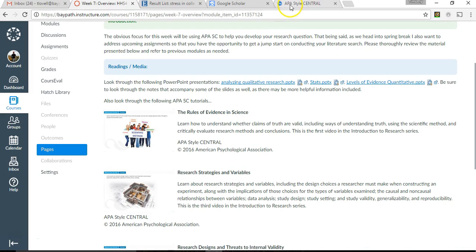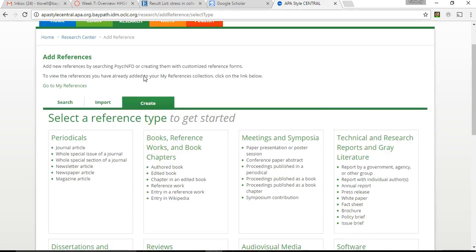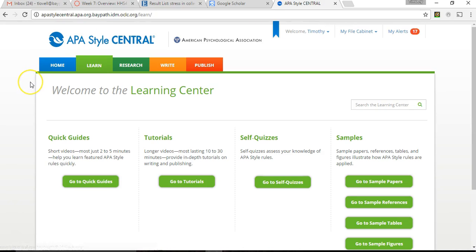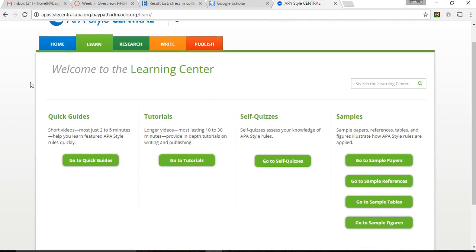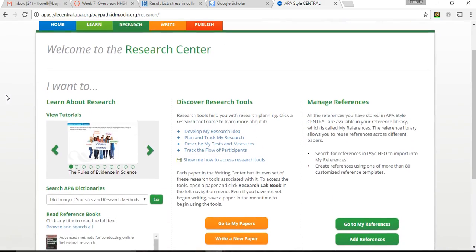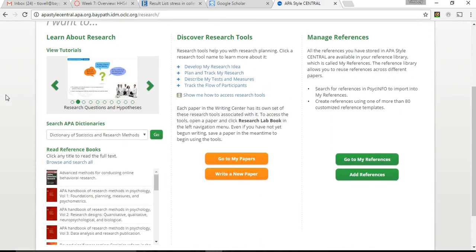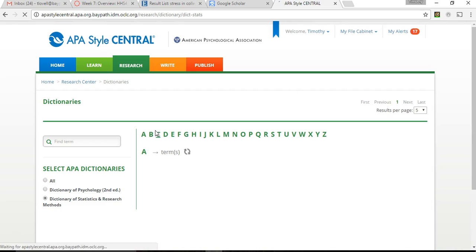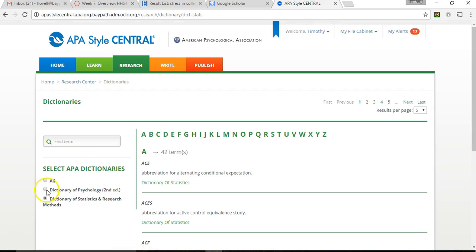The other thing I wanted to show you real quick, if at any point you are struggling with something, trying to find where it is. Maybe it's back under research. Yeah, here it is. So under research, if there's a term that you see and you're just not sure what it is, you have access here to APA dictionaries. So there's two different dictionaries, the Dictionary of Psychology, 2nd edition, or Dictionary of Statistics and Research Methods.